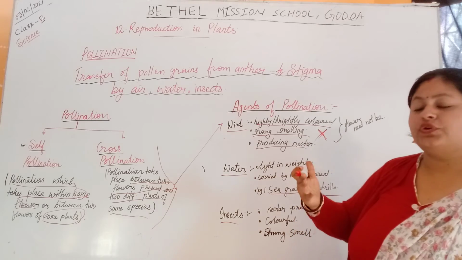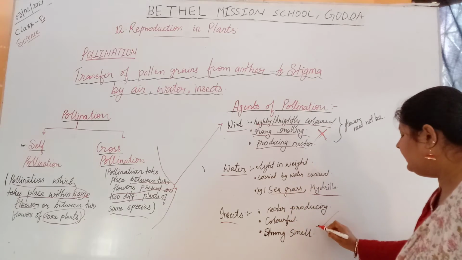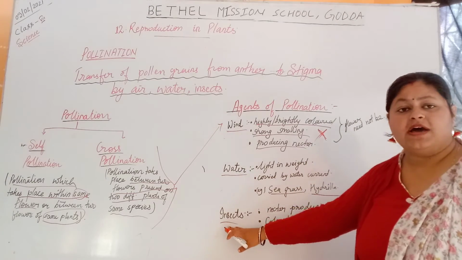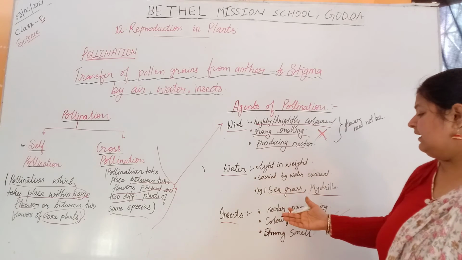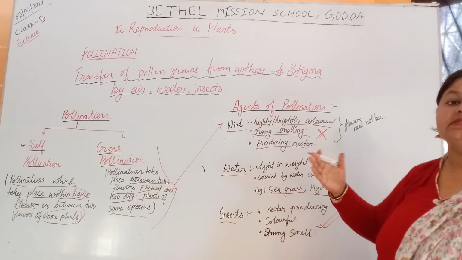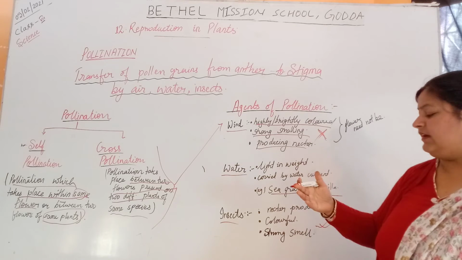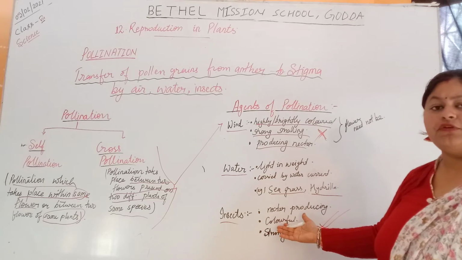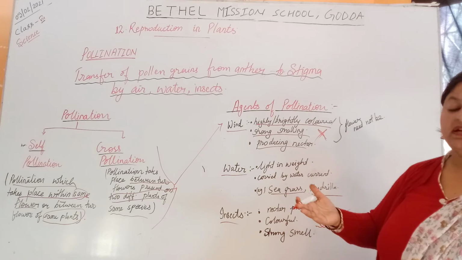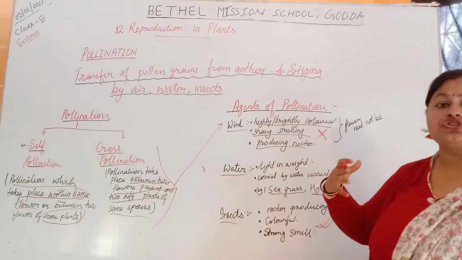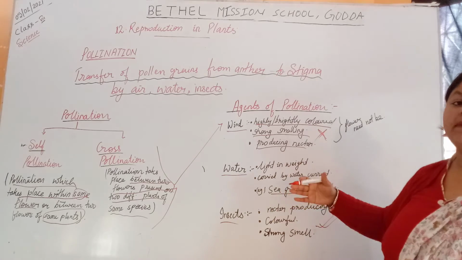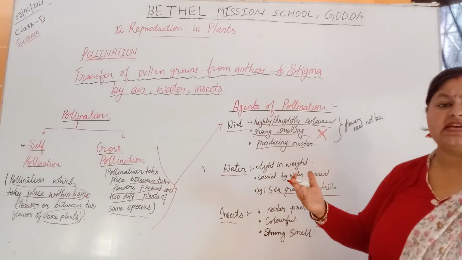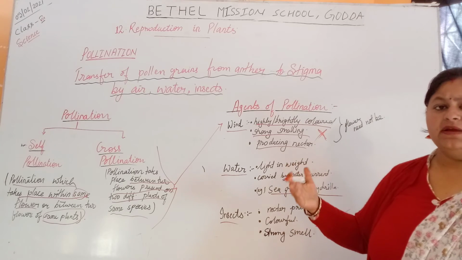These things are very much required in plants pollinated by insects, because insects are attracted by nectar-producing plants, by colorful flowers, or by strong smells. Some birds are also responsible for pollination, and some human activities are also responsible for pollination.